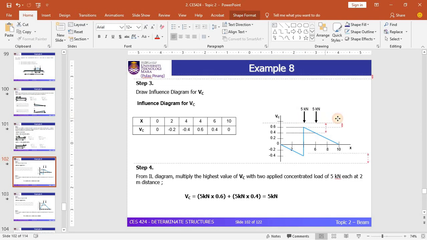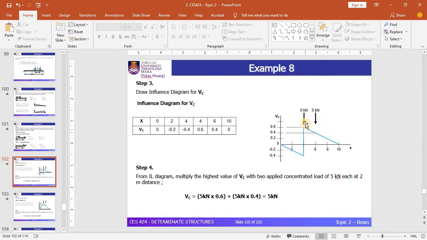So you need to move this vehicle load along the diagram, and ensure that this load gives the maximum value of shear force when it's multiplied with the vertical factor here. Obviously this position will give the maximum value of positive shear at point C.